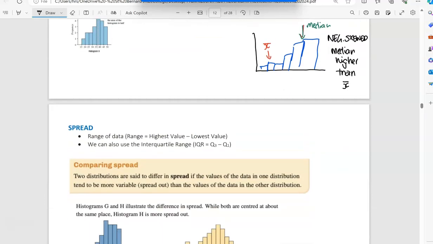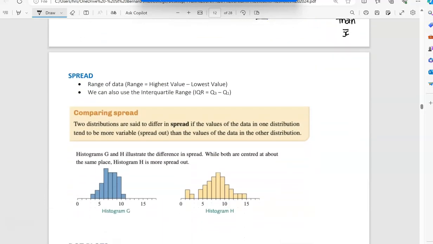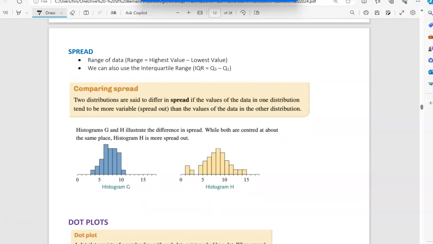So that was talking about the center. The last thing we have to talk about is the spread. Now the spread, we can also write here, sometimes they call this variability. It's like how it's ranging, so that sort of gives it away.